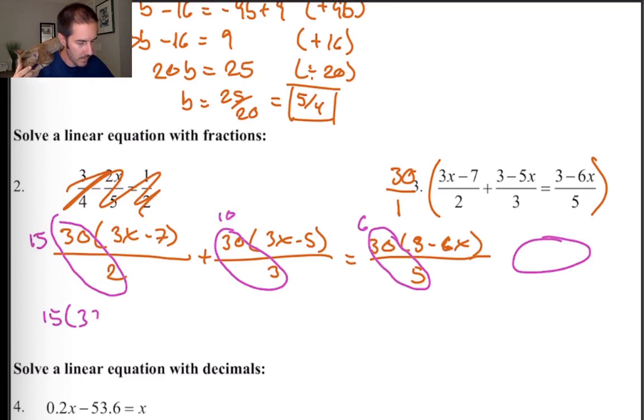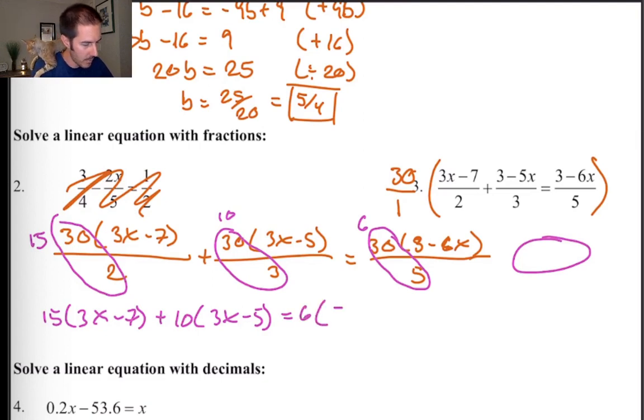15 times the 3x minus 7 plus the 10 times the 3x minus 5 equals the 6 times 5 minus 6x.